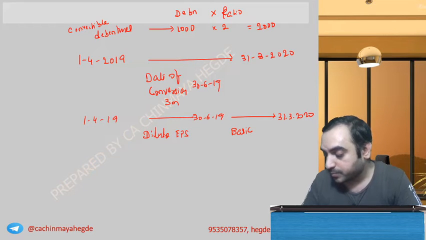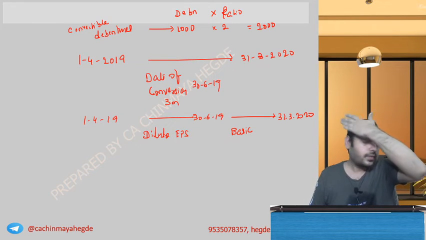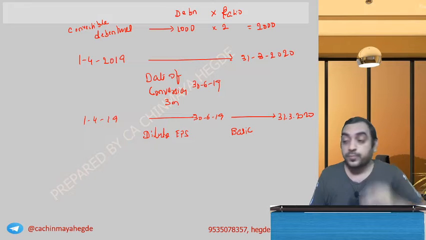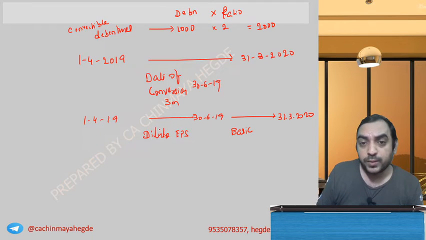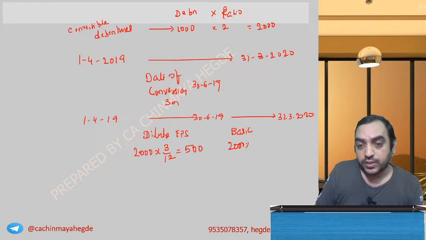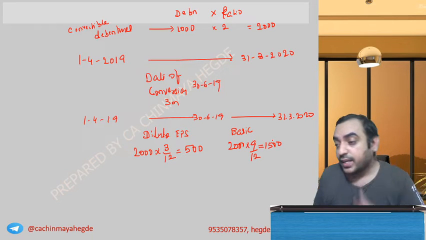Please tell me. So this will be 2000 into 3 by 12, which is 500, and this will be 2000 into 9 by 12, which is 1500. Is this clear?